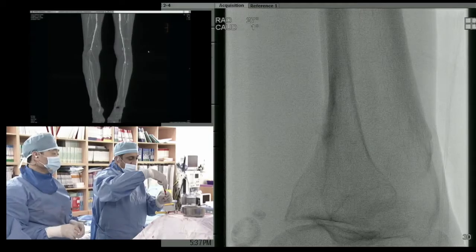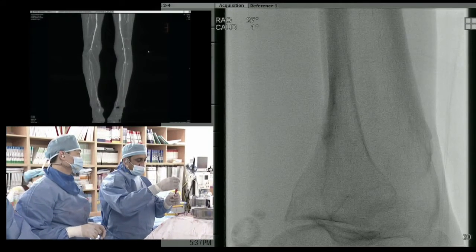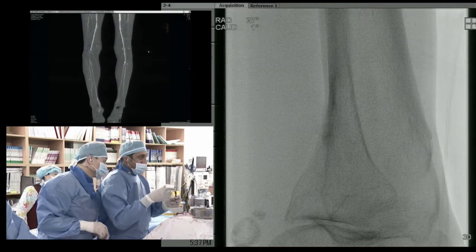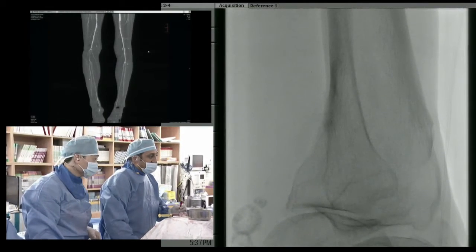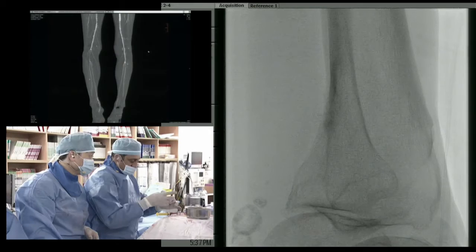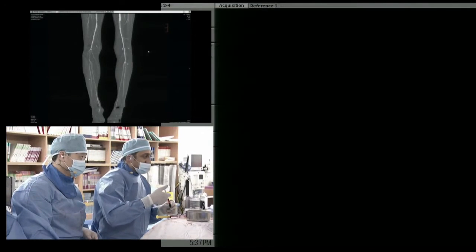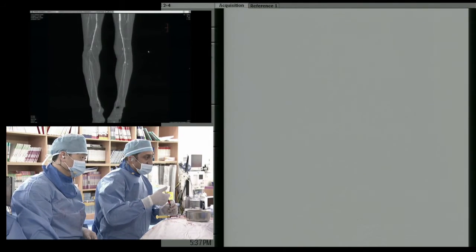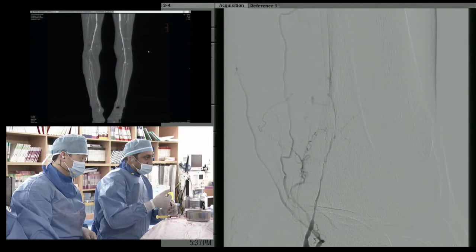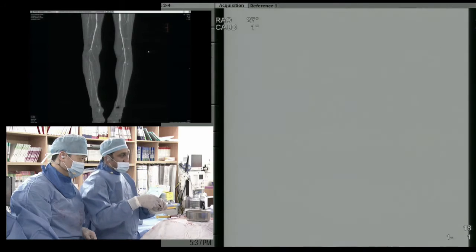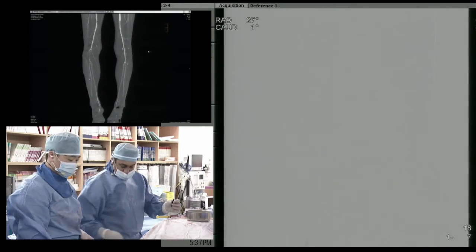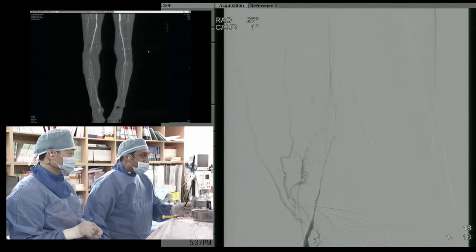So either it was occluded right from the start, or my first pass went into the dissection plane, as we were just talking about, and that has resulted in a false passage every other time since then.